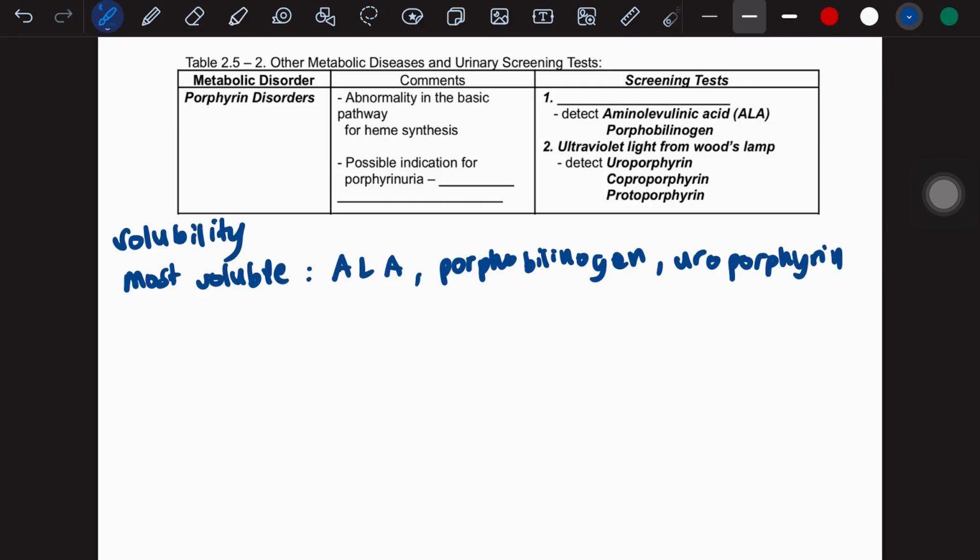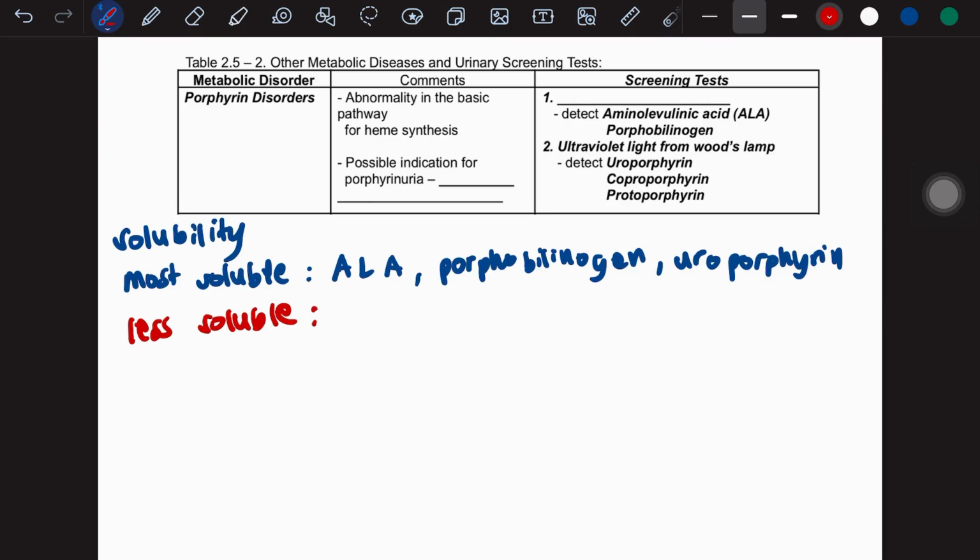So those are the most soluble. What about your less soluble ones? These are still seen in urine.